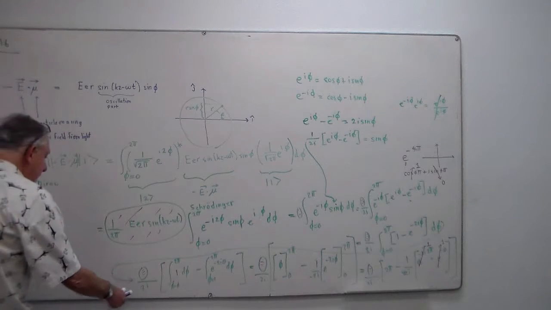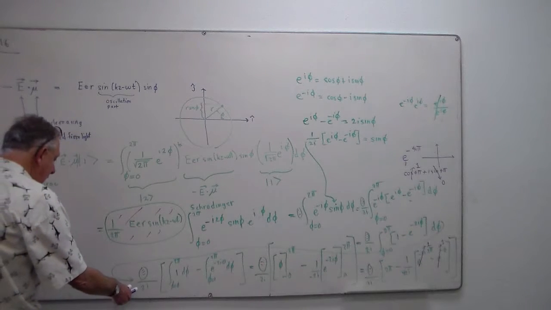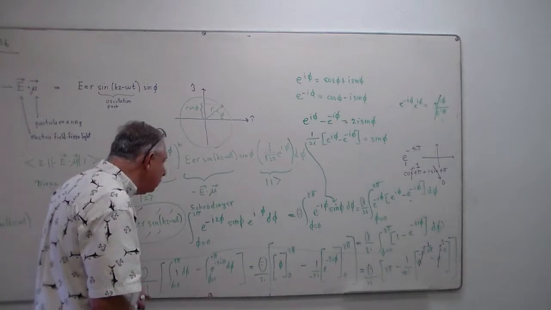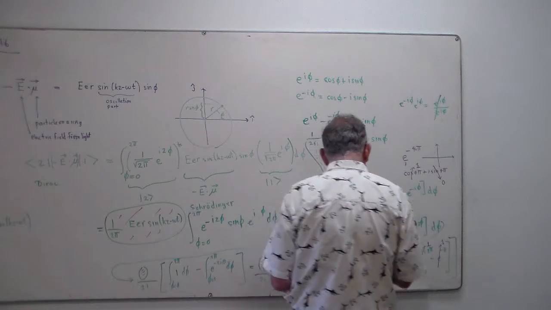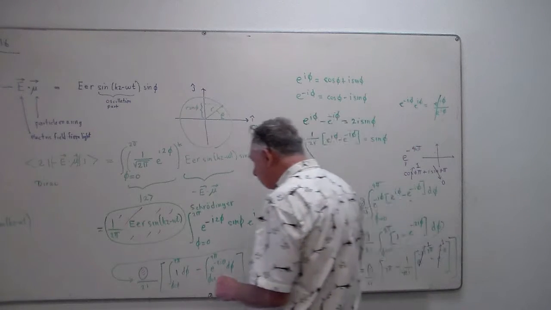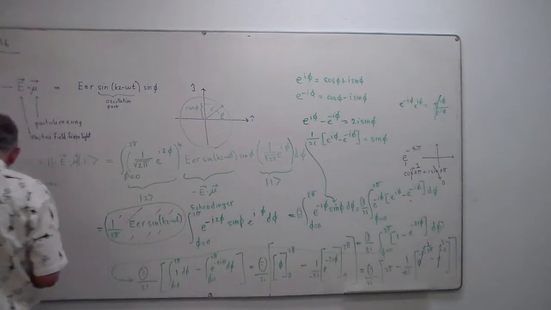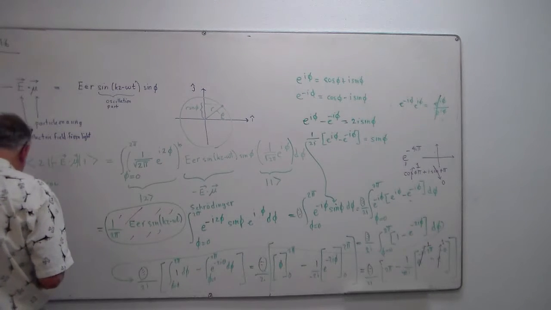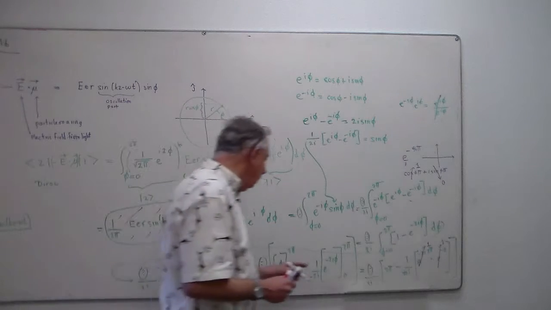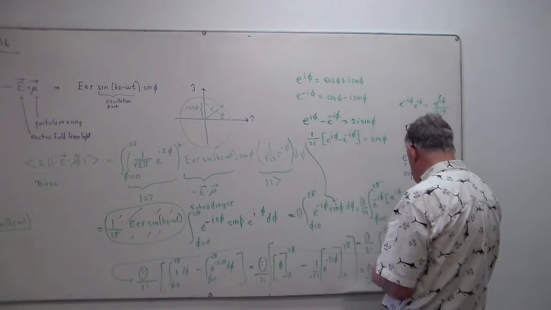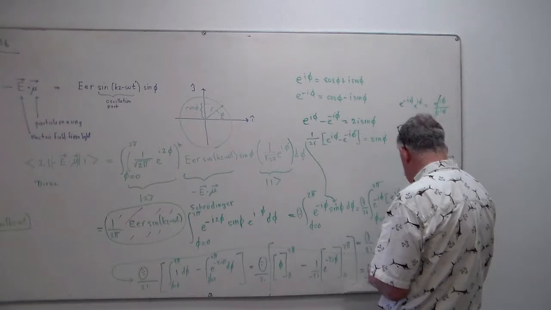And then all this is divided by a 2. Should this be a 2i or a 2 pi? It is a 2i, isn't it? Over a 2i, and then in this integral we have a 2 pi, right?